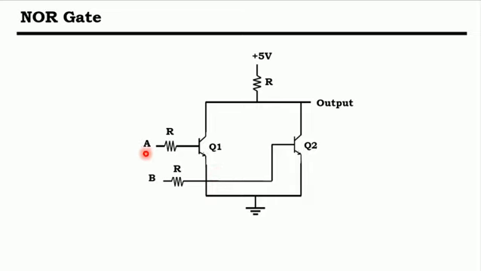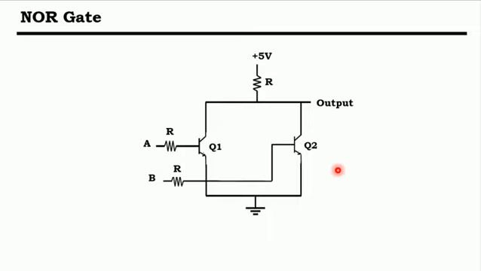We provide both the inputs over here, and by providing greater than 0.7 volts for a silicon transistor, Q1 will be in the on condition, but for less than 0.7 volts, Q1 will be in the off condition. This can be applied to all the transistors we are using over here. Whenever we analyze a transistor based logic circuit, it can be analyzed based on this 0.7 volts value.